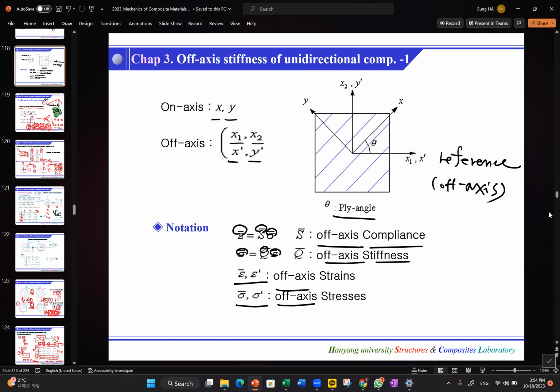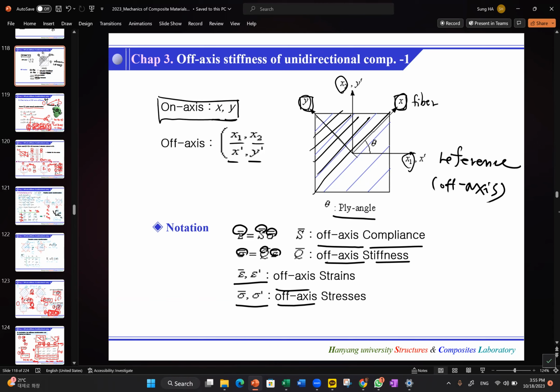It is very important to follow the axis. This is x1 and x2, and this is the fiber direction, and y is the transverse direction. All the material properties are along this direction, x and y. This is called the on axis.